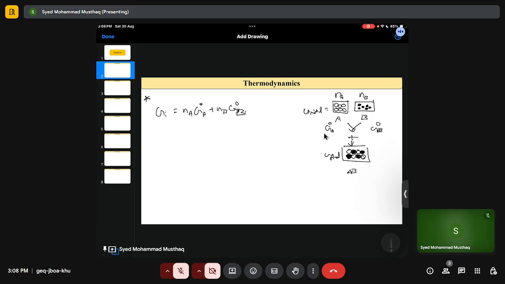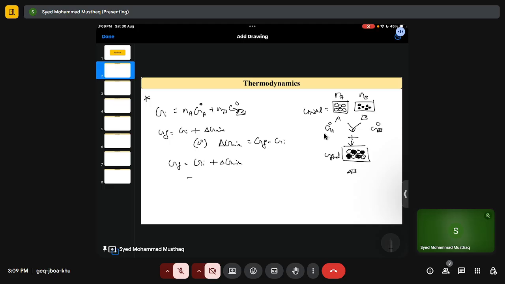Now in G final, what's happening? G final should be, let's take GF, then it should be GI plus delta G mix. Or you can write the change in energy when you mix two things as G final minus G initial. Right? So if you want to find the final free energy, it is GI plus delta G mix.